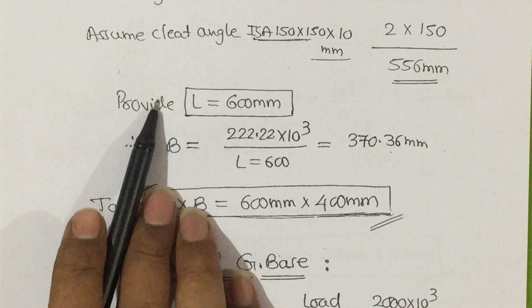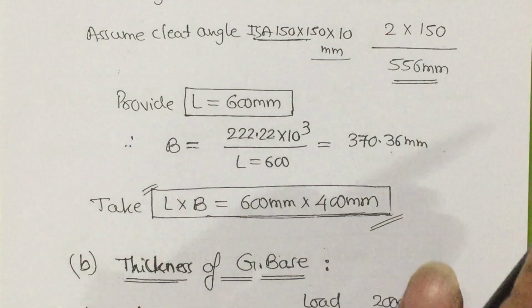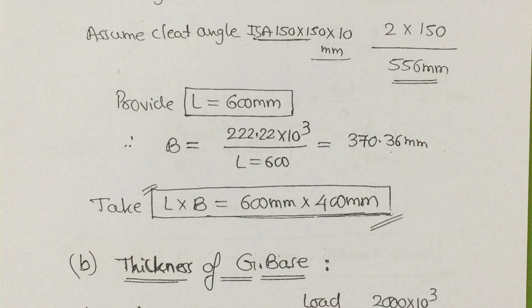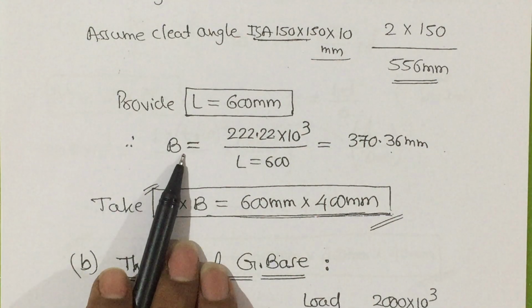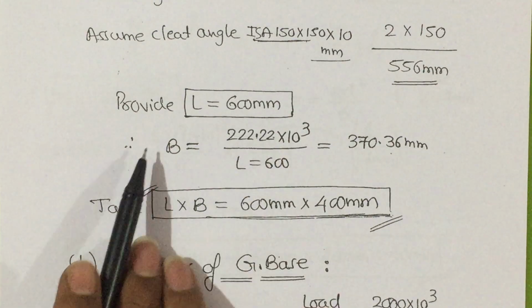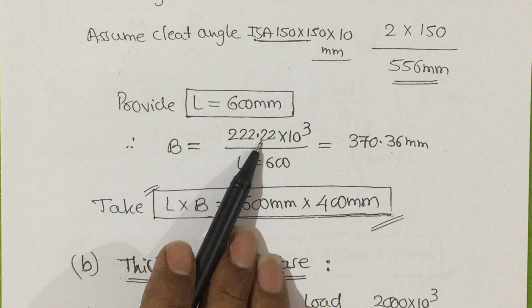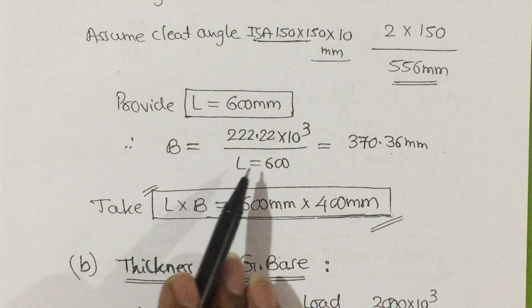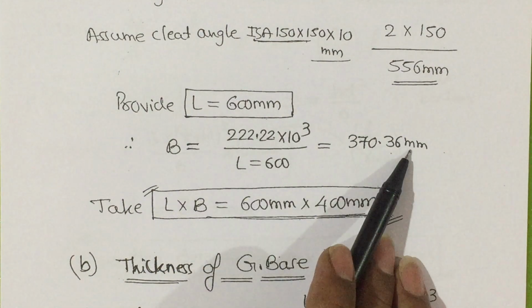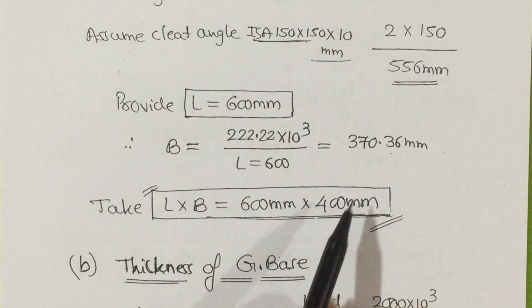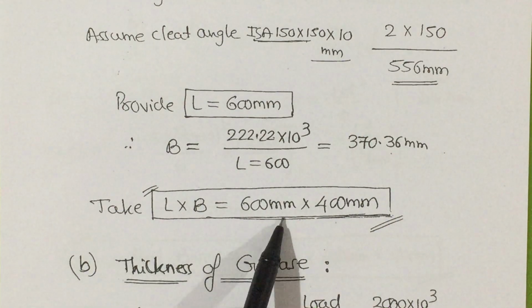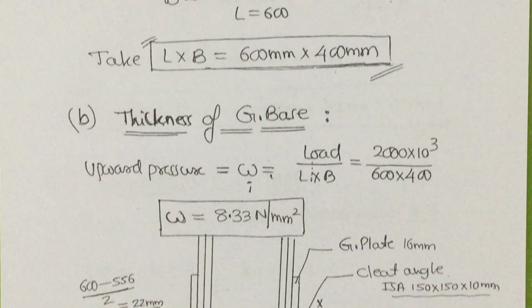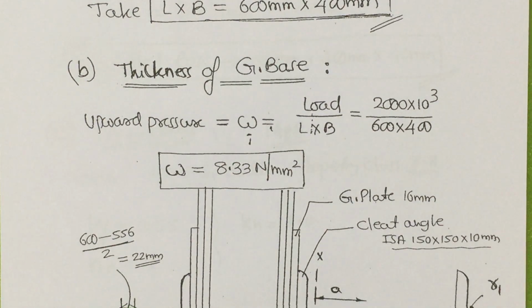Therefore, provide the length as, rounding off to the higher number, 600 mm. Therefore, width will become, we know that L into B is equal to this much. Therefore, B is equal to area divided by length. We are going to get 370.36, round up to 400. So, L into B is 600 by 400 mm. We come to know the length and breadth.